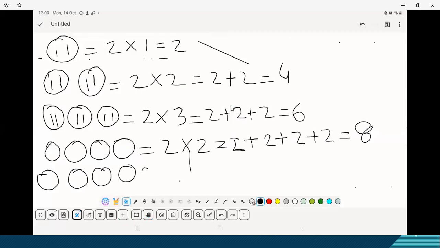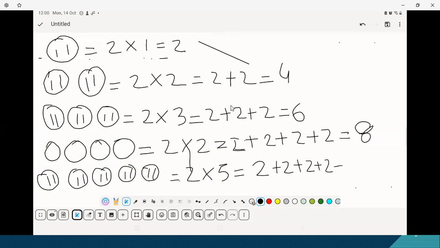Then similarly, addition of 2, 5 times. Please remember, that is 2 multiplied by 5. That will be 2 plus 2 plus 2 plus 2 plus 2, 5 times. That will be the 10.